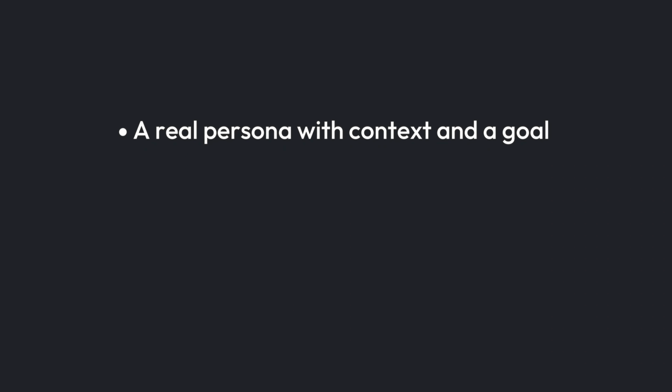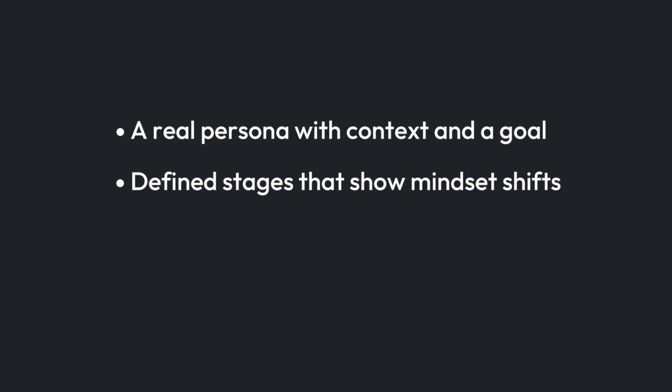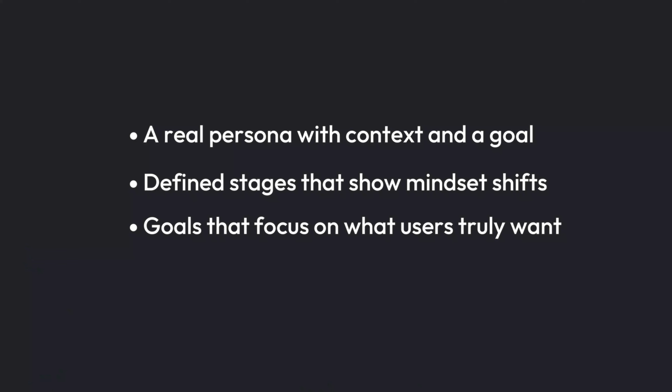So I've said a lot about how we can create the journey map, but here's a mini recap. A strong journey map combines a real persona with context and a goal. So in our example, Sarah is a busy parent. It has defined stages that show mindset shifts. It also has goals that focus on what users really want.